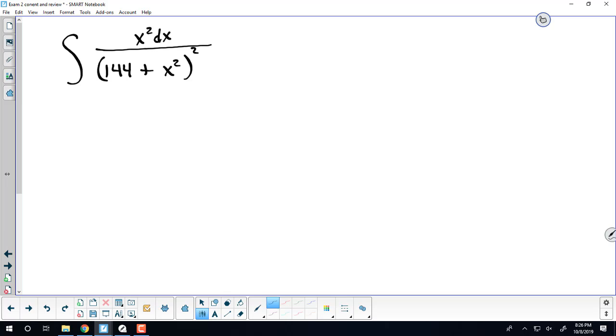When you look at that, is it automatically a trig sub integral to you? What we have in parentheses here, the x squared plus 144, that's an irreducible quadratic. So even if you thought, okay, let's try partial fractions, you wouldn't get very far because you're not going to get too much information.